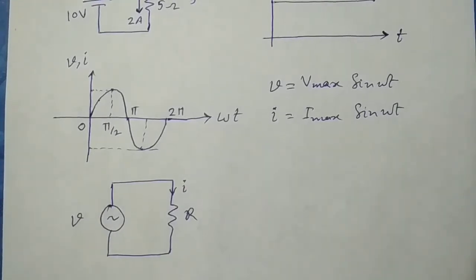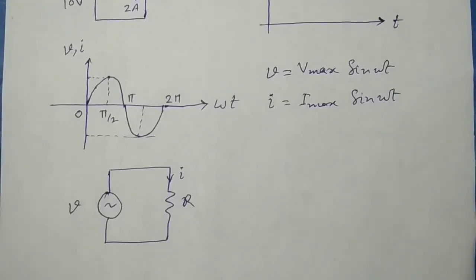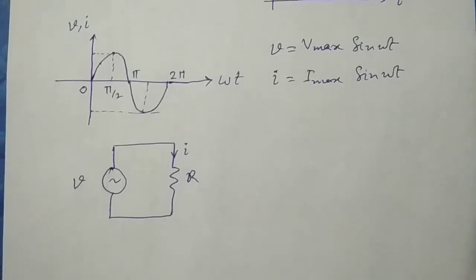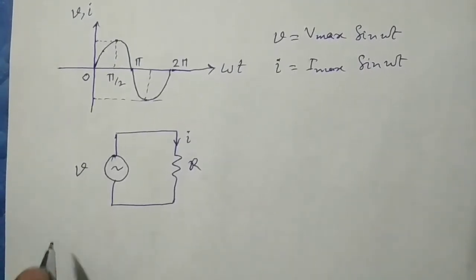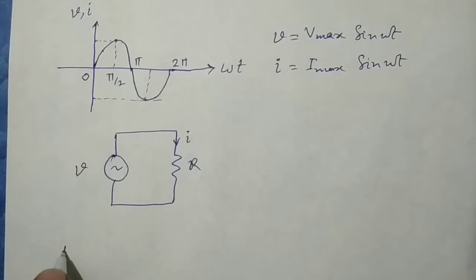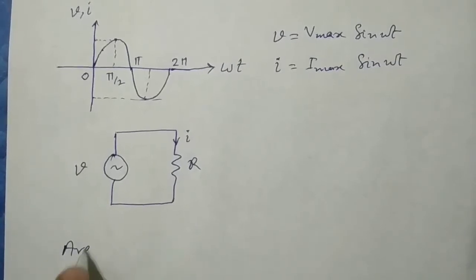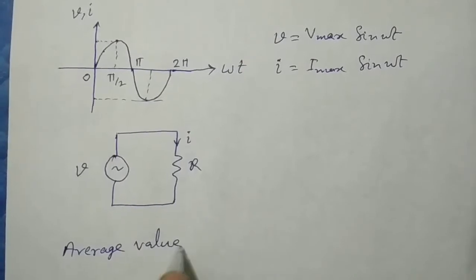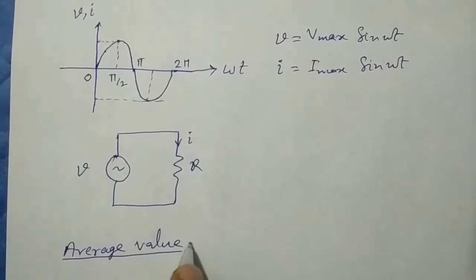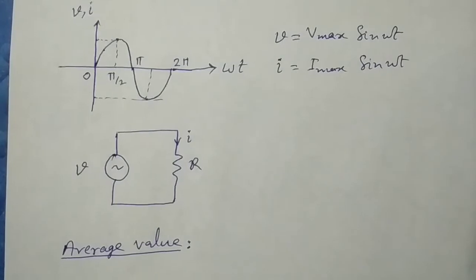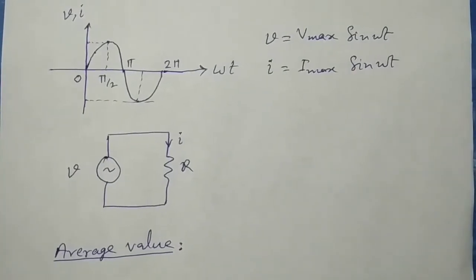That's why two other terms are considered here, called the average value and the RMS value. The average value means we have to calculate the mean of the waveform.